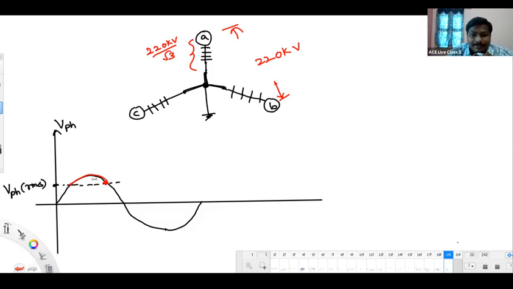So all of you getting this? Whichever is the highest value is nothing but this peak voltage. Based on this peak voltage, we have to design the insulator.